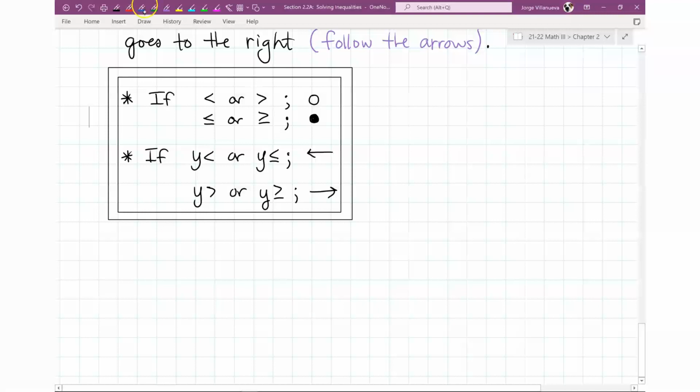Now, the one last thing, I'm going to change the color here. We're just going to put "important." This is really important.